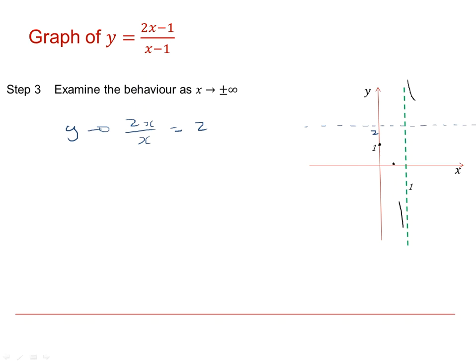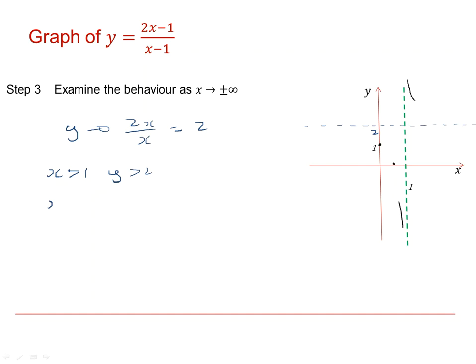Well, for x large and positive, y is approaching 2, just a little bit greater than 2. So if x is positive, then we can see that y is greater than 2, so it's approaching from above.